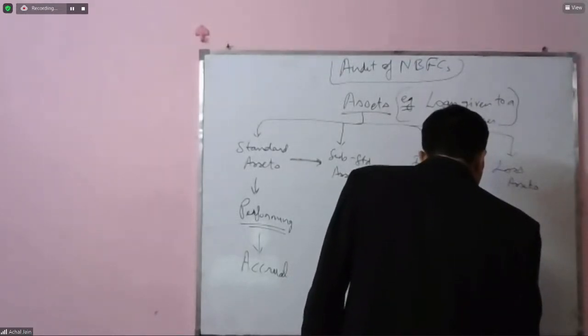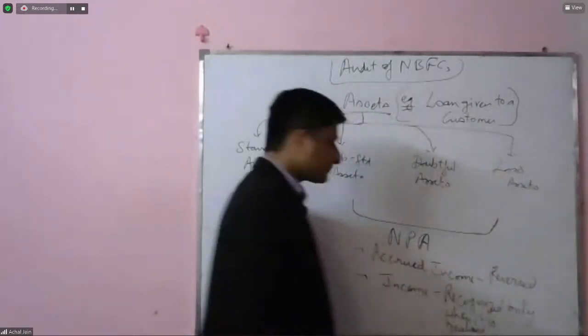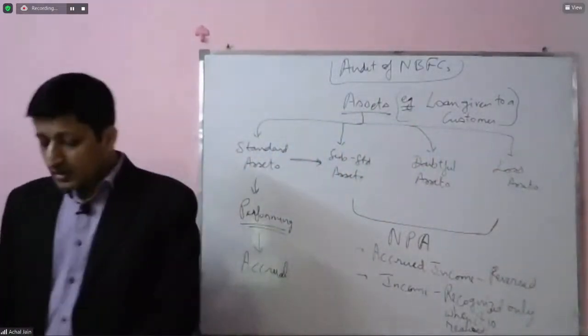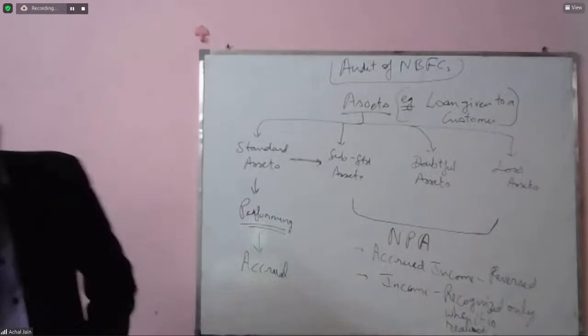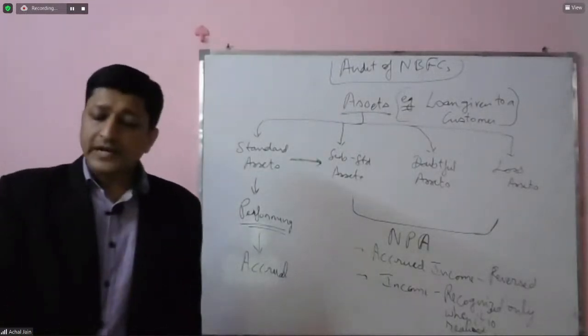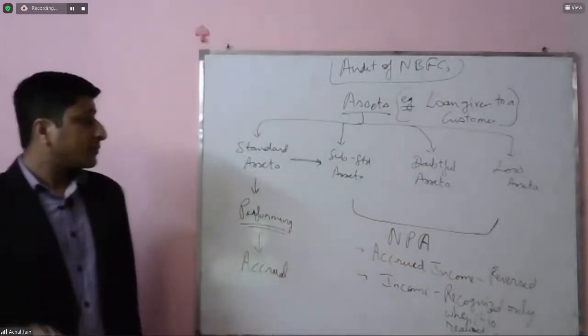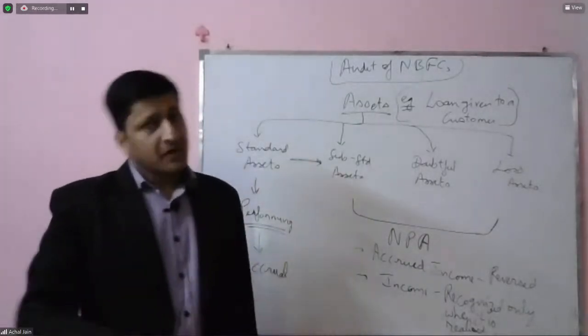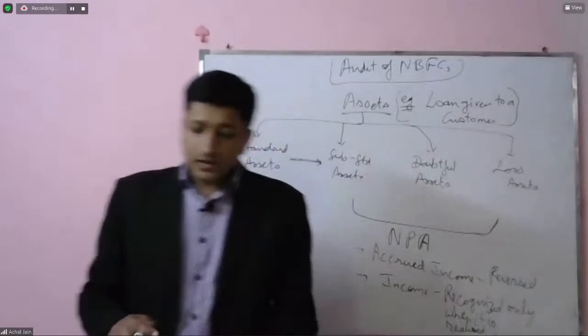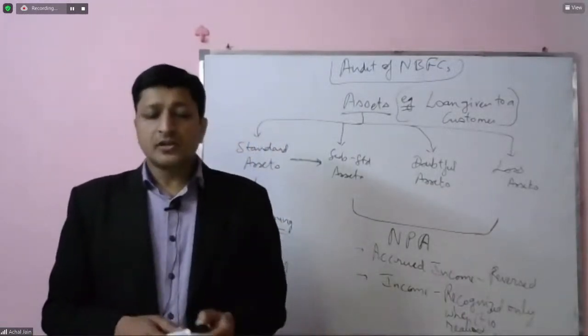Realized means it is received. Because if it is not received, if it is not realized, then the income should not be recognized. Clear? Clear on the criteria of income recognition?